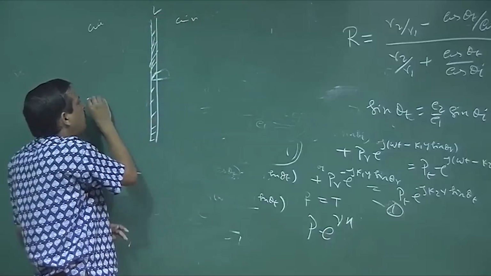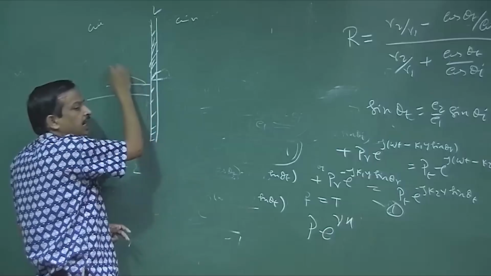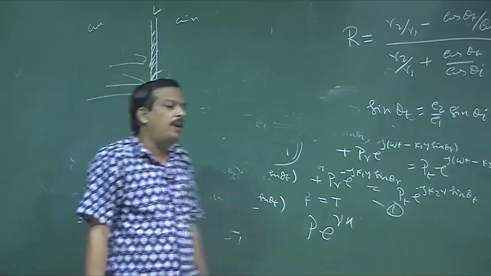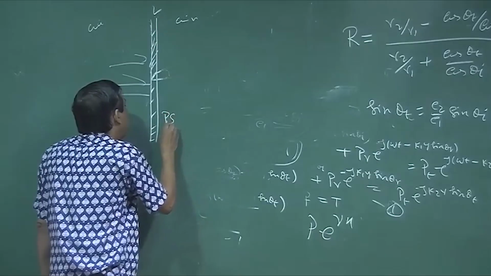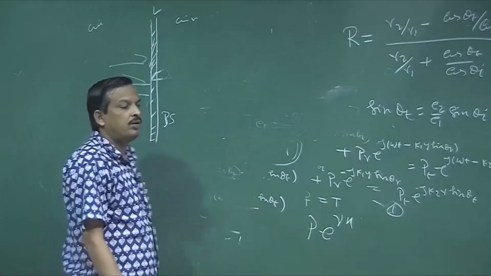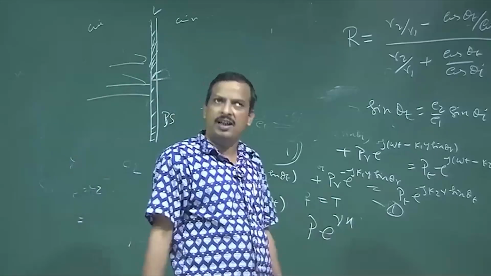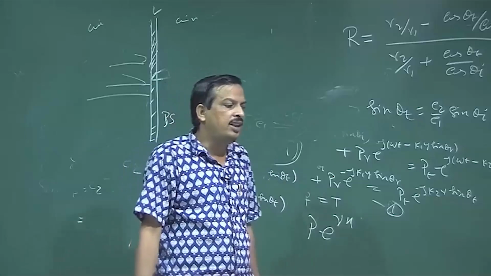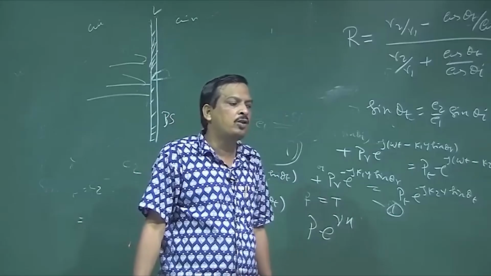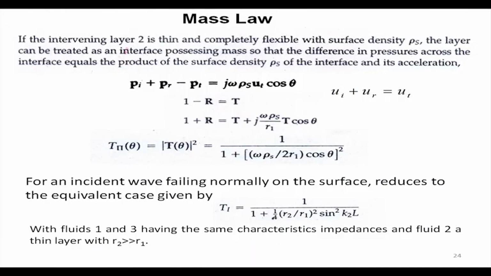Once the acoustic wave falls on this intervening layer, completely flexible with surface density rho S, the surface area multiplied by the density, it is treated as an interface possessing mass, so that the difference in pressure across the interface equals the product of surface density and its acceleration.